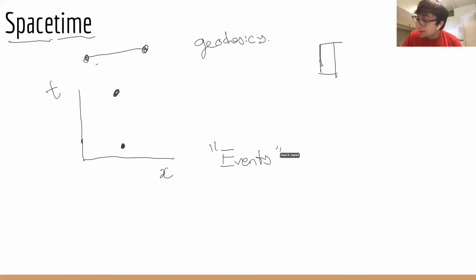Why are they called that? Because a point in space-time is a particular point in space at a particular point in time. You think of an event happening at a certain place at a certain time. We need all of this information to characterize where it is. You can also have what's called an observer in space-time.